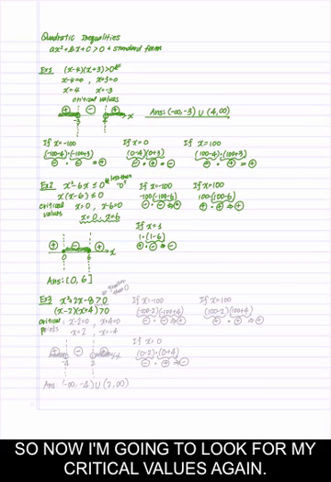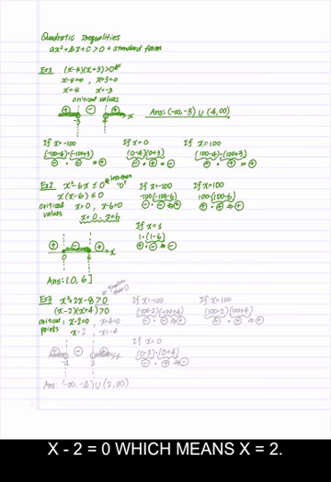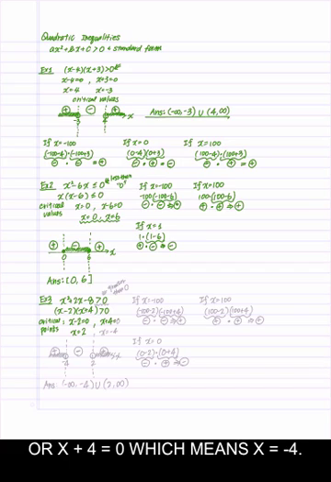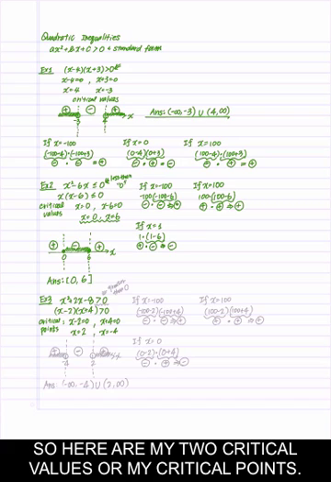So now I'm going to look for my critical values again. X minus 2 equals 0, which means x equals 2. Or x plus 4 equals 0, which means x equals negative 4.